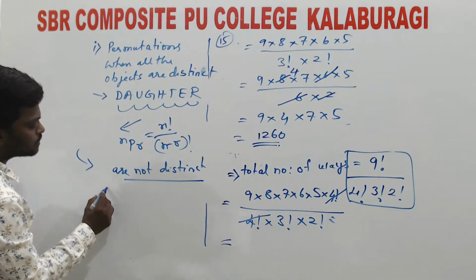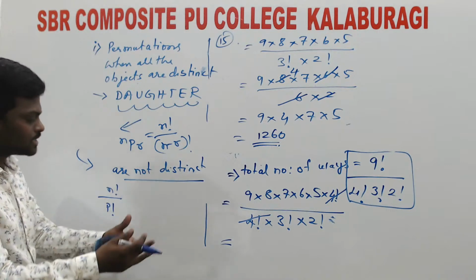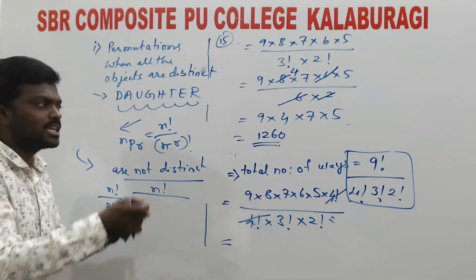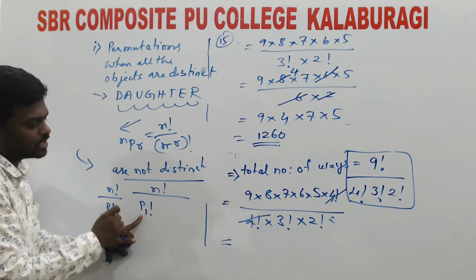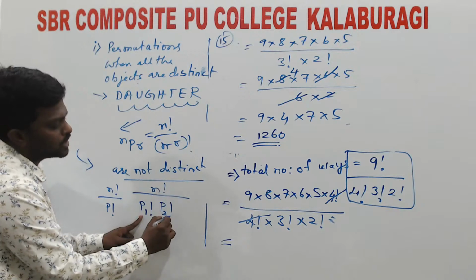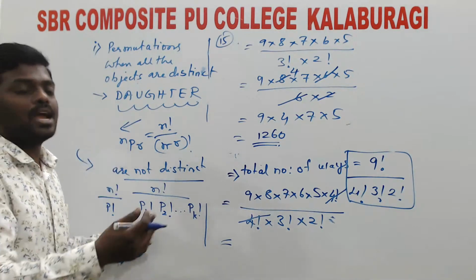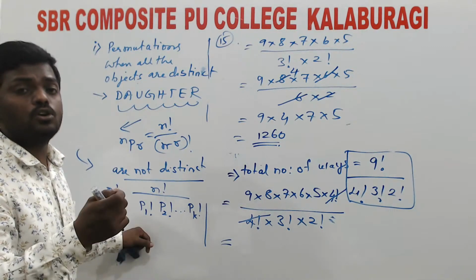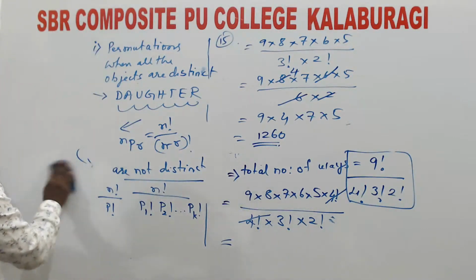So the two formulas were n factorial by p factorial if p objects are of one kind, and if there are more than one object which are of one kind, it is nothing but n factorial by p1 factorial, p2 factorial, and so on up to pk factorial. Keep recalling them so that it will be easier for you to apply the concept in the question. Okay.